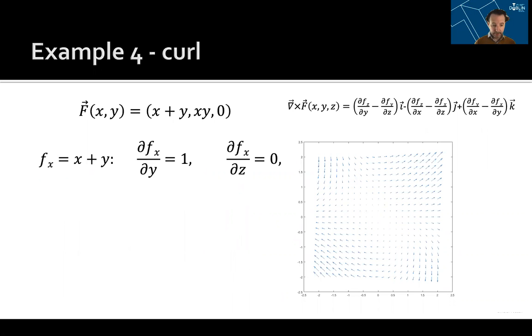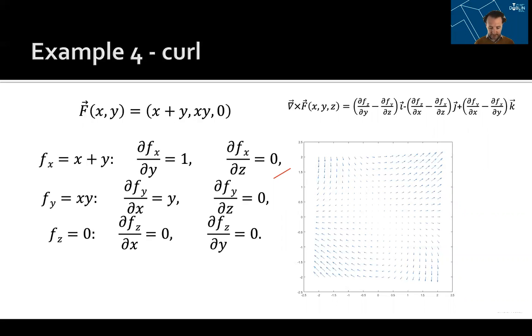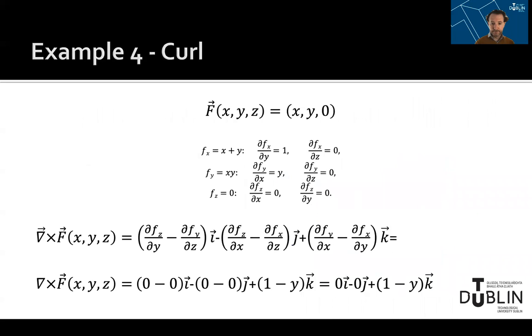The first component, the f part, is xy. Derivative of that with respect to x is 1. Derivative with respect to y, z is 0. The y is xy. Derivative of xy with respect to x is y. Derivative of xy with respect to z is 0, because there's no z. And the z is all 0 as before.